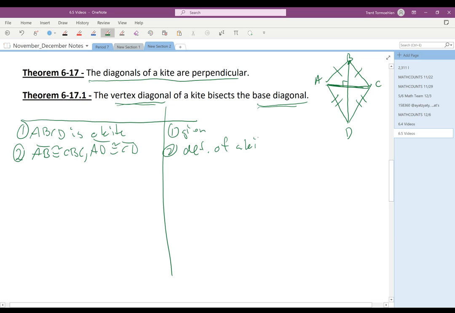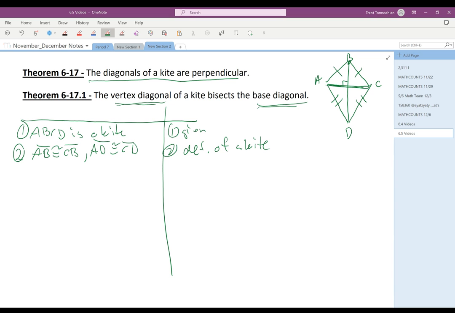The definition of a kite says pairs of adjacent sides are congruent. And now that we have these, we want to prove that this is true.